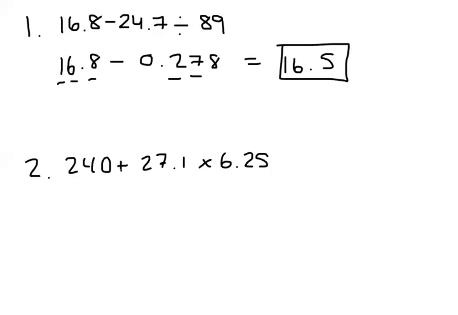All right, I'm going to do the number 2. We do the multiplication first. So 240 comes down, and we add to that 169.4. However, from 169.4, how many of these figures are significant? 3, because 6.25 has 3 significant figures. Actually, so does 27.1. So they both limit the number of significant figures.